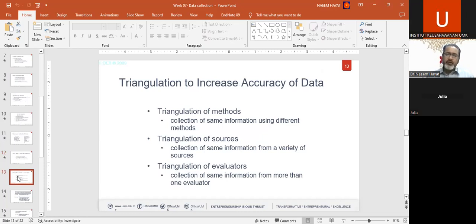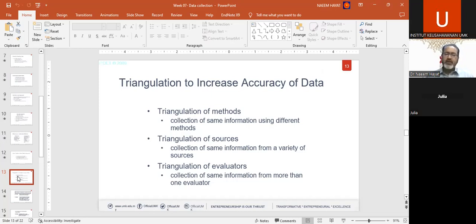Similarly, another approach is that we need to triangulate the approaches for data collection. It means more than one method is employed to get the data. Normally we have a unisource, one person answering all the questions. So we must have triangulation of methods, triangulation of sources, and triangulation of evaluators.